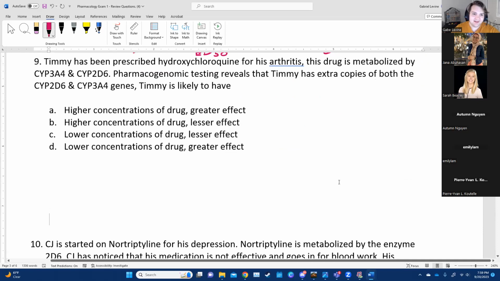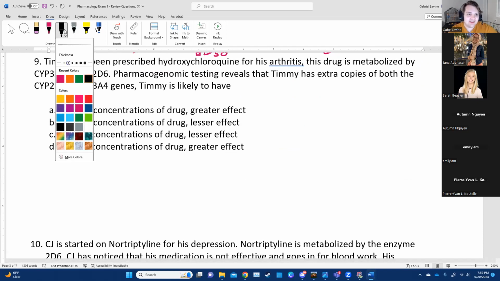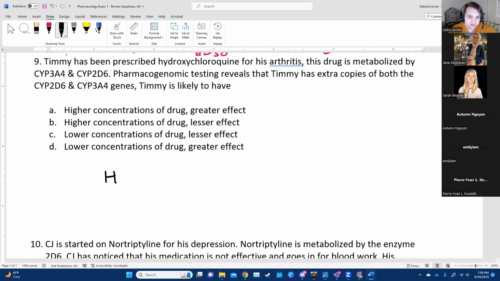There we go. So we can say that hydroxychloroquine is metabolized by 3A4 and 2D6, likely into inactive metabolites.